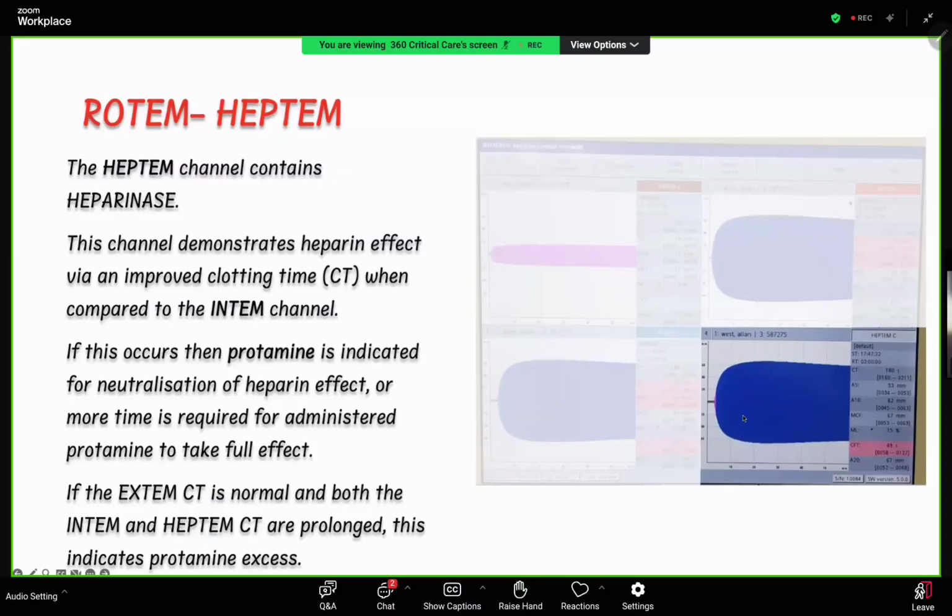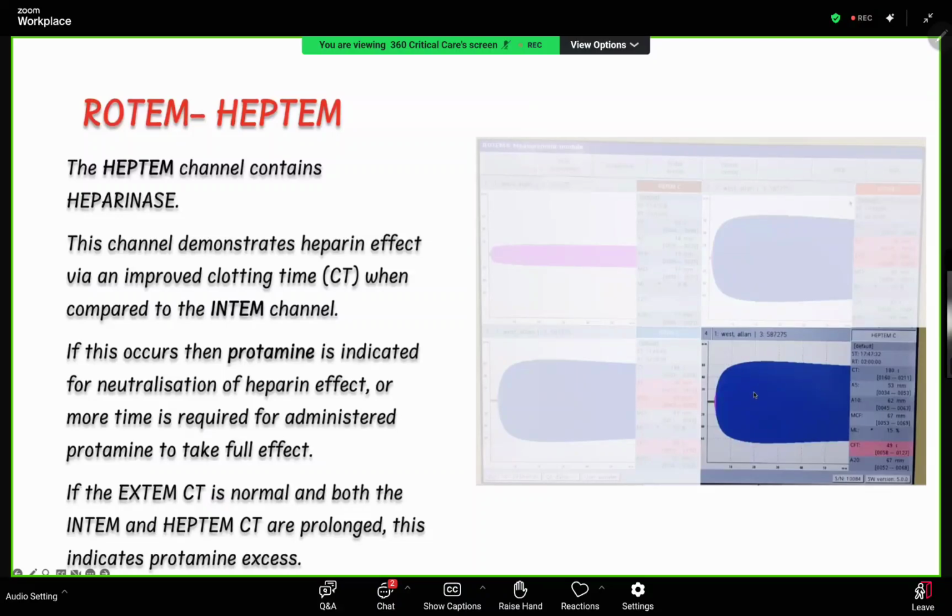So the question that I asked in the group earlier, how do you determine a protamine excess? For protamine excess, what will happen is your clotting time is normal in the EXTEM, but it's abnormal in both INTEM and HEPTEM. Now, how is it different from other inhibitors?